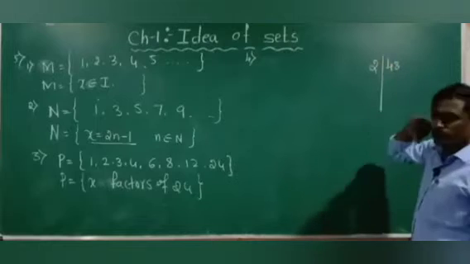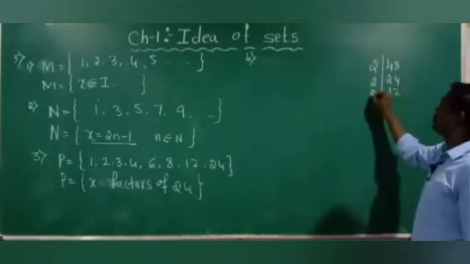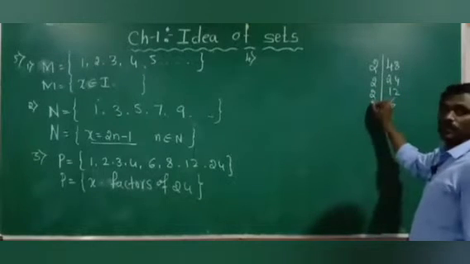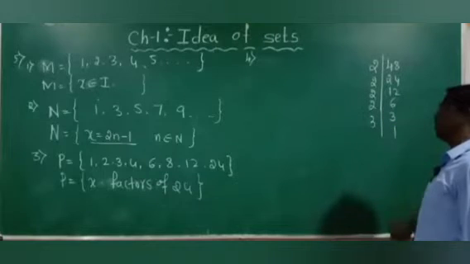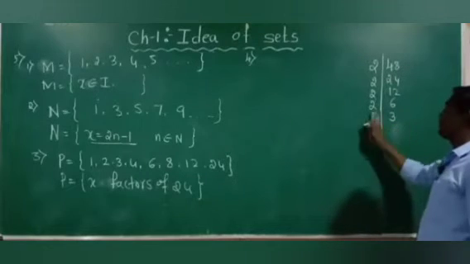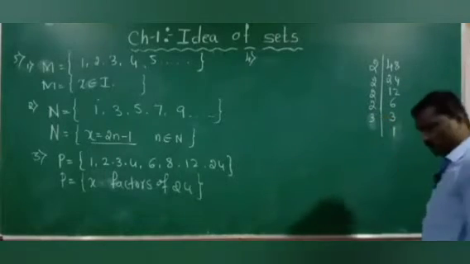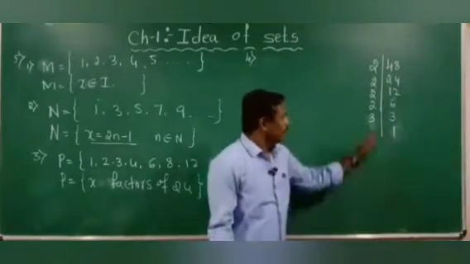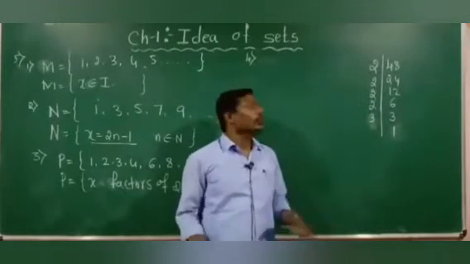So 2 is the first prime number: 2 24s are 48, 2 12s are 24, 2 6s are 12, 2 3s are 6, and 3 1s are 3, or 3 is one of the prime numbers. Here 1 is not a prime number, 1 is neither prime nor composite.